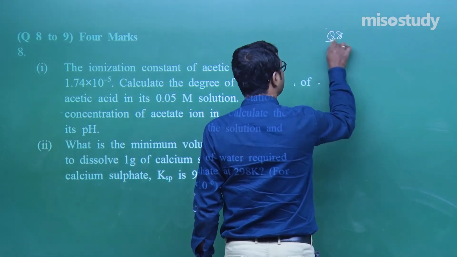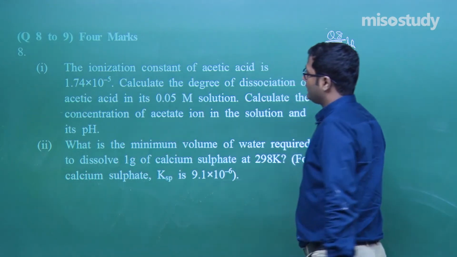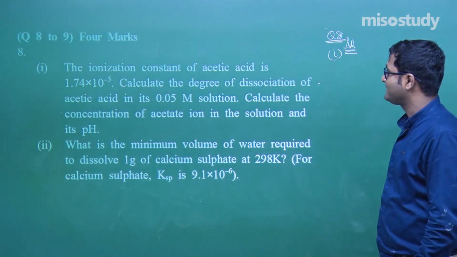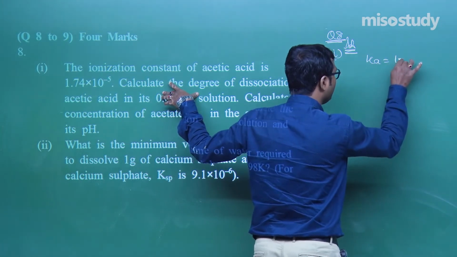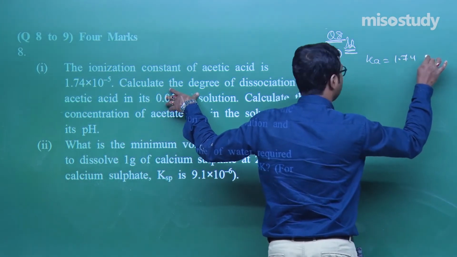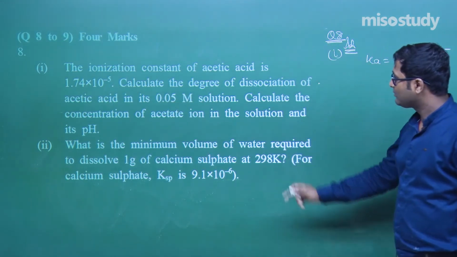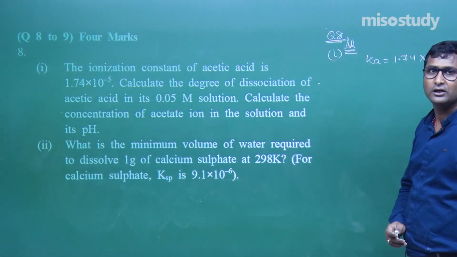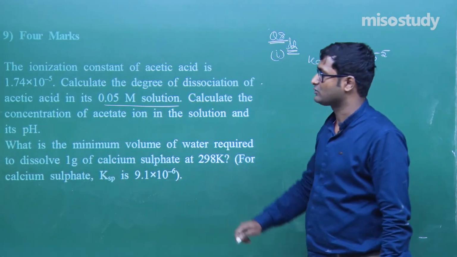Question number 8. The ionization constant for acetic acid, Ka, is 1.74 into 10 to the power minus 5. Calculate the degree of dissociation of acetic acid in 0.05 molar solution.